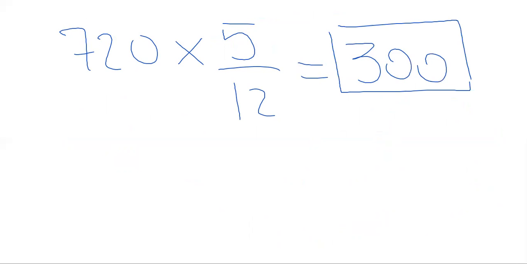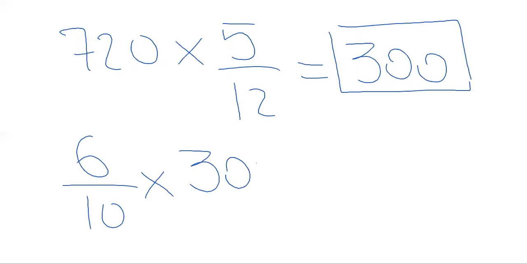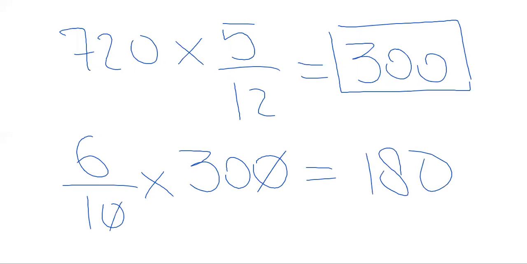That was the 6 out of 10. So 6 out of 10 of the 300 dog owners gives 180, if you solve this one. Are you getting this?